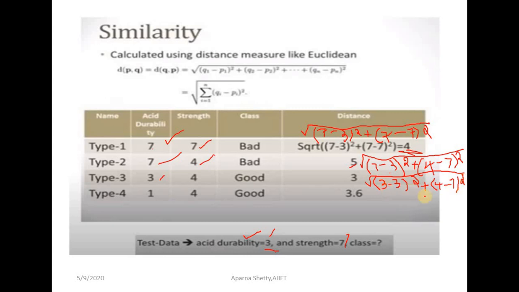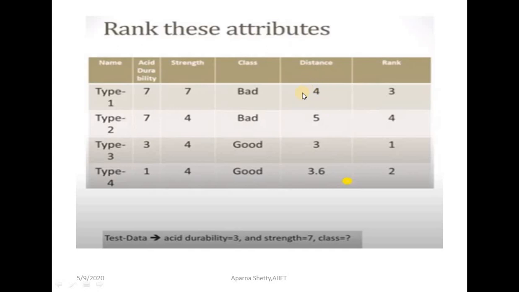Okay, 3 minus 3 is 0, 4 minus 7 is minus 3. Minus 3 square is 9. Square root of 9 is 3. So this is how you will calculate the distance between the training record and the test data. This is the distance that we have calculated.